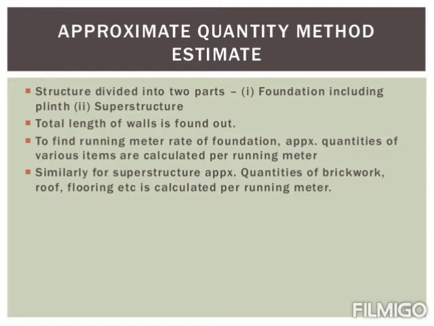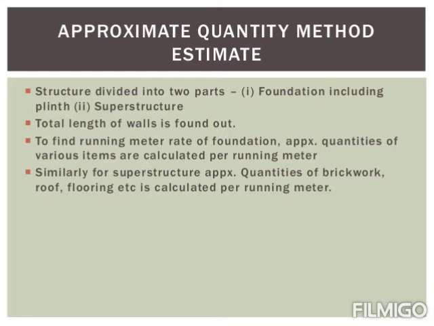Approximate quantity method estimate. In this method, the structure is divided into two parts. First, foundation including the plinth level, and second, the part of superstructure. Here, the total length of walls is first found out.